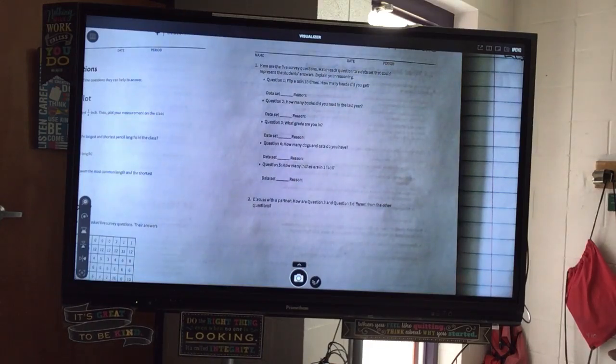Blue. What grade are you in? It's data set B. Oh, right there. We're not there. It's C.